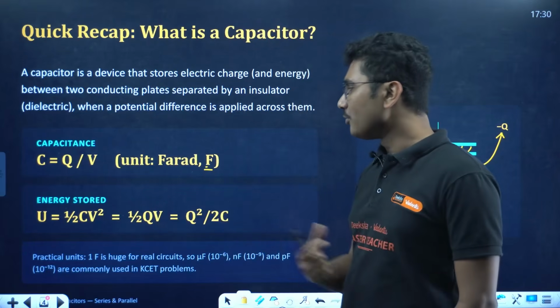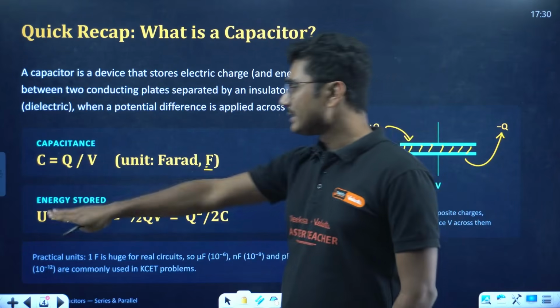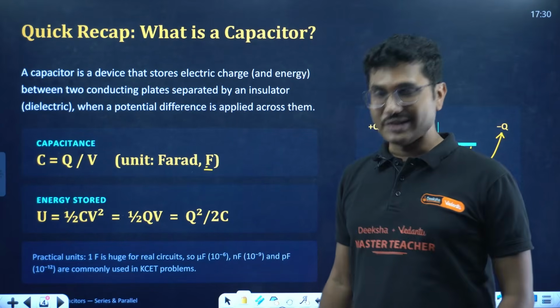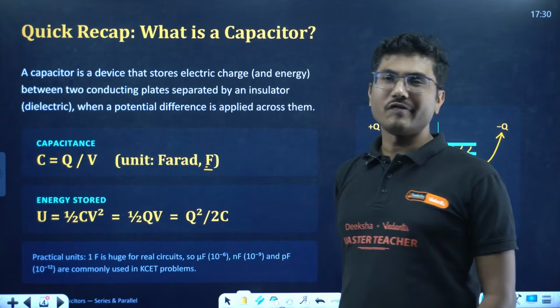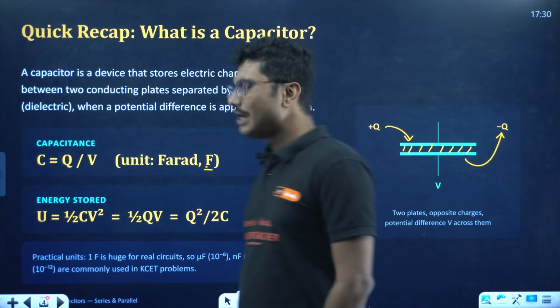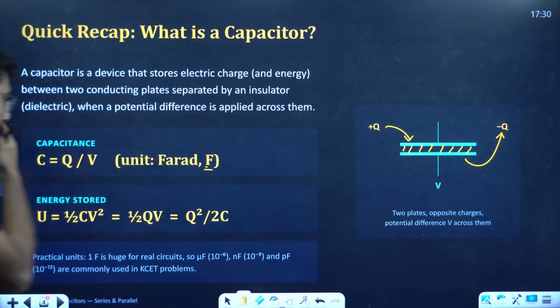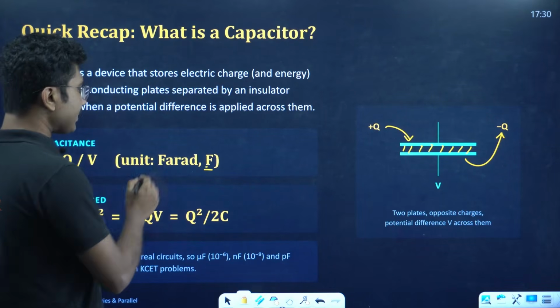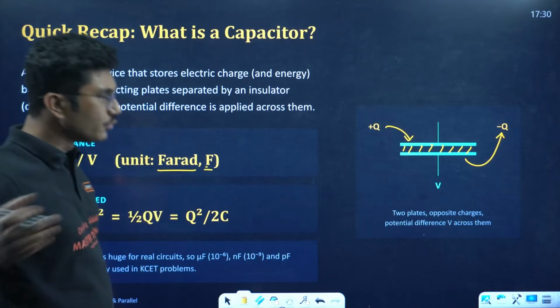Now what is the formula for energy stored? The energy stored is half CV squared, or half Q into V, as well as Q squared by 2C. Now for practical purposes, the farad unit is huge.